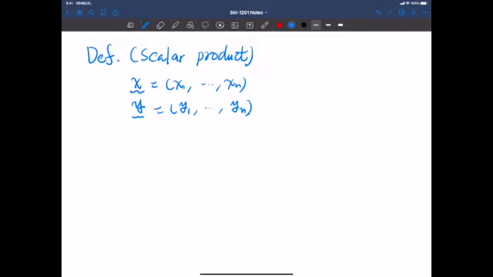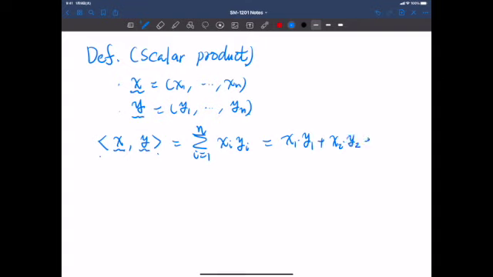Then we define the scalar product between x and y, enclosed by brackets, by this: the sum of x_i y_i. So that is x1 times y1 plus x2 times y2 plus and so on up to xn times yn.